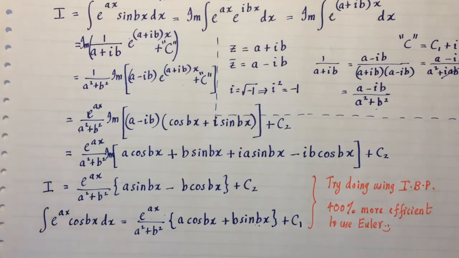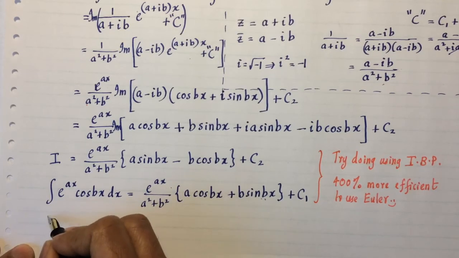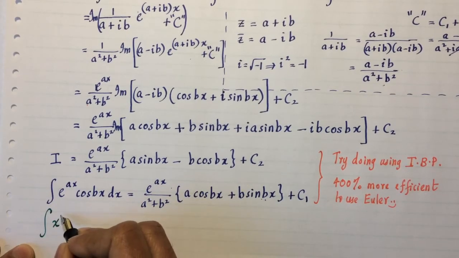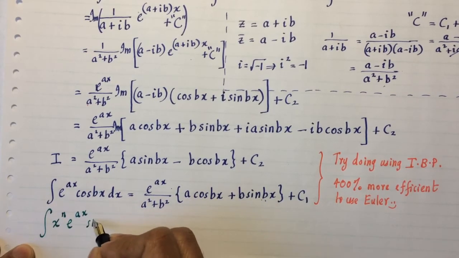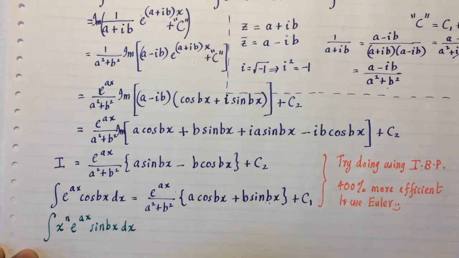Now you can also, like I said, this is not the only signal processing integral that you're going to get. There are some more complicated signal integrals, and here's an example of one. If I have the integral of some power of x to the n, e to the ax sine bx dx. Now this is totally out of the range of integration by parts.